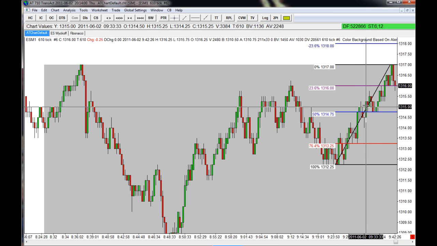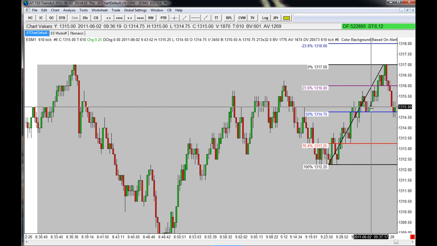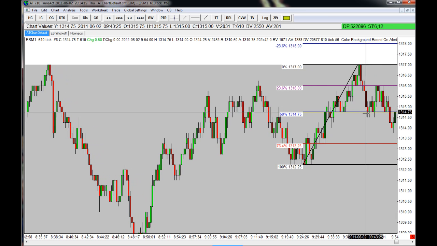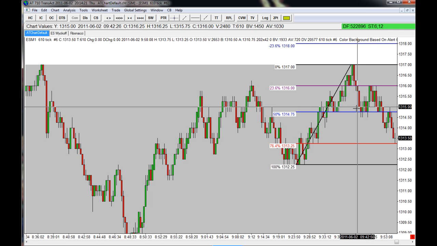Now when the difference between my target and my stop is more than 2 ticks, such as in this case where it's 3 ticks, I do not take the trade because the risk to reward ratio is just not worth it. Okay, so I did not take this trade here. That's something to add to the rules.